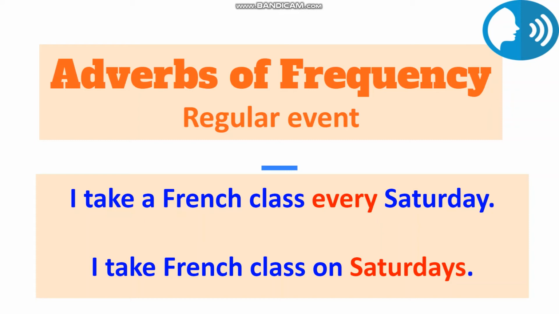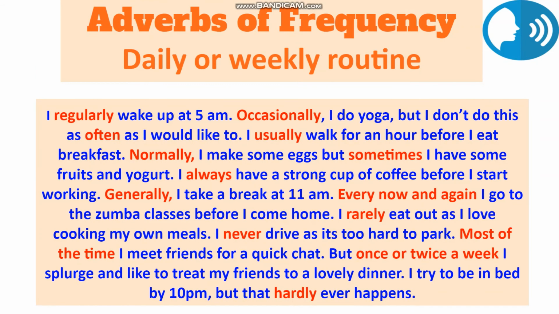Now, these two sentences mean exactly the same thing, but the name of the day is plural in the second one, and that tells the listener that it happens every week, which means it's a regular event. Now, adverbs of frequency are especially helpful when you're describing your daily or weekly routine.